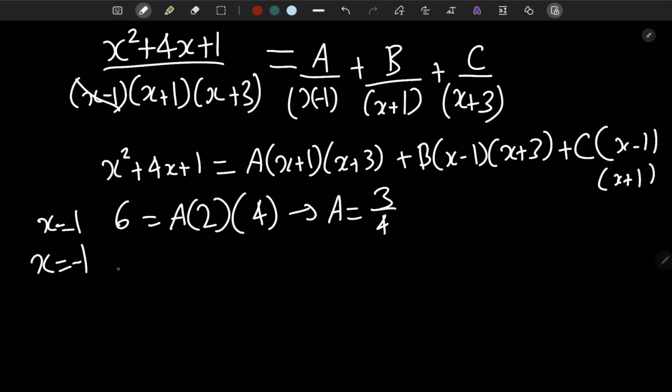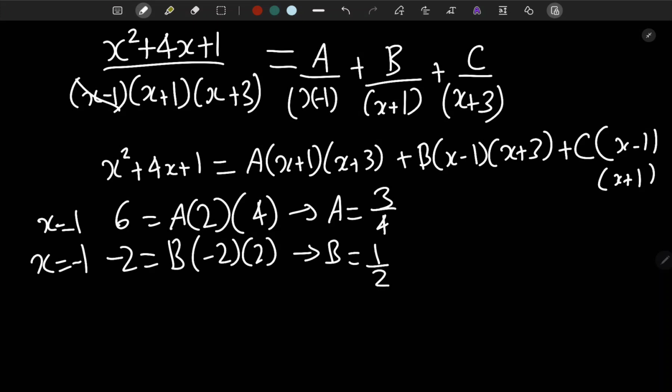So it's going to be negative 2 is equal to b into negative 2, 2, and b is equal to half. And now finally for c, we are going to substitute negative 3. So we will get c as, I'm just going to directly solve it this time, so negative 1 over 4.